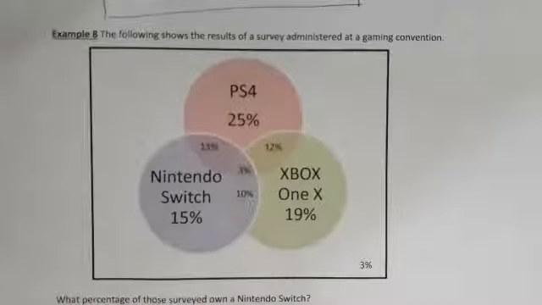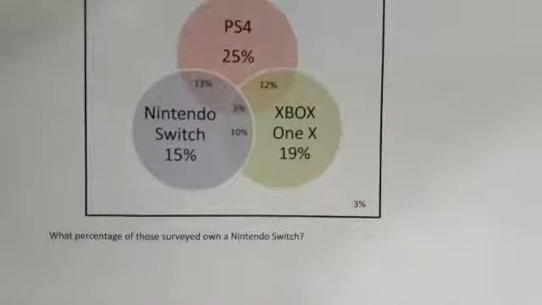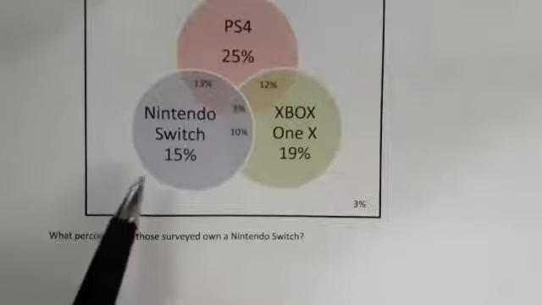Here we go. Now they're giving us a set, and they're going to want us to pull something off of it. What percentage of those surveyed own a Nintendo Switch? I know a lot of you are thinking 15. That is not it. There is more to it. These people owned a Nintendo Switch.